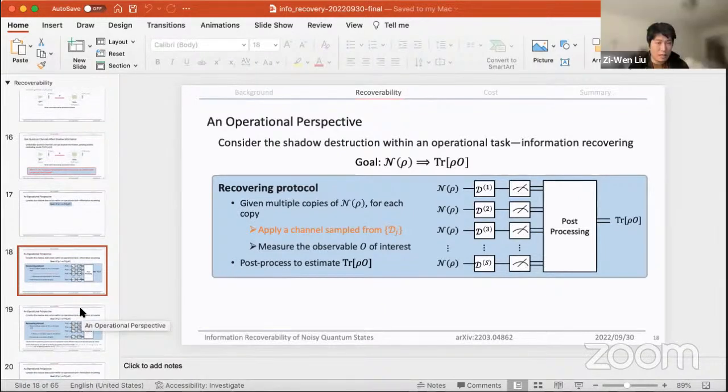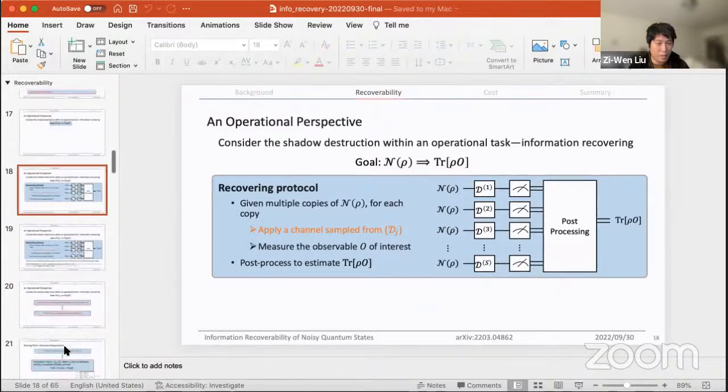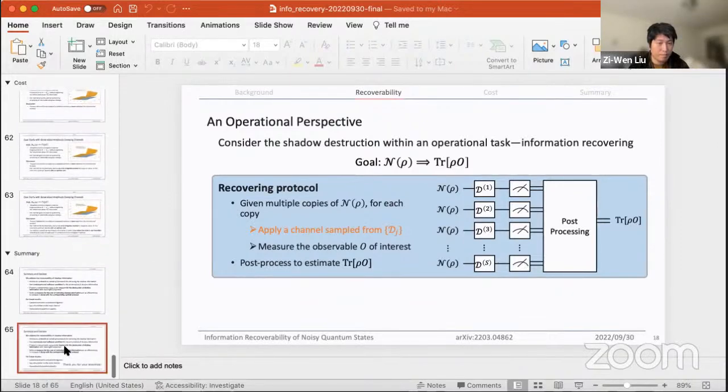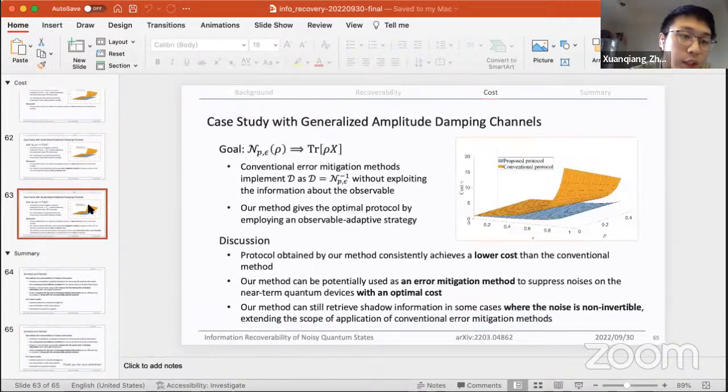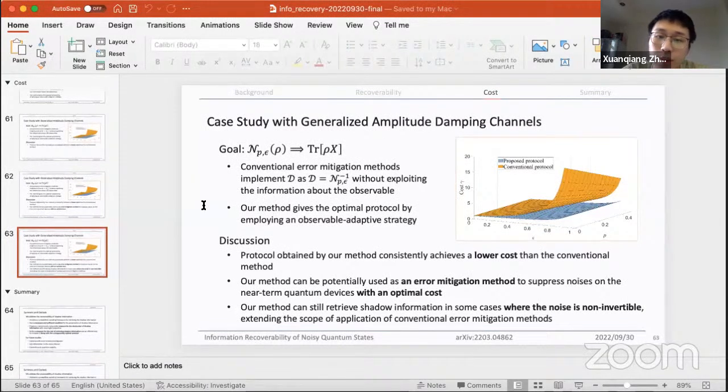On the last slide, can you say a bit more about what you mean by combining with quantum error correction and mitigation? Okay, so in this case study, we compared the performance of our method with the conventional error mitigation method. It can achieve a lower cost, and it has a larger scope of application, as it does not require the noise to be invertible.